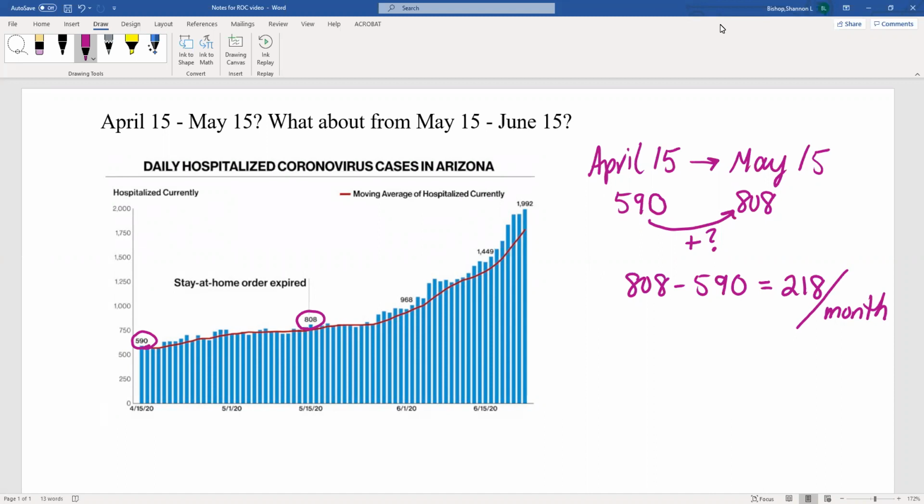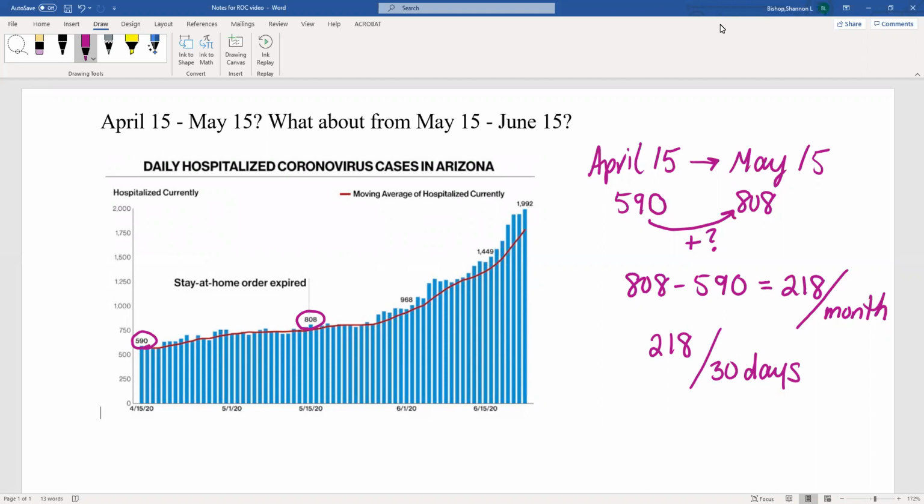Or if you wanted to break it down per day, April only has 30 days in it. So from April 15 to May 15 would be an increase of 218 hospitalizations over the course of 30 days. And if you wanted to figure out what that meant on a daily basis, you could divide that out and see.